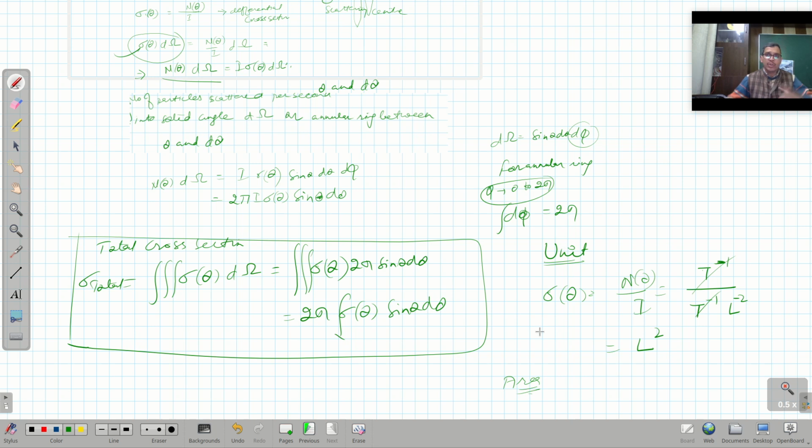When we talk about nuclear cross sections, in nuclear physics or Rutherford scattering, the nucleus is very small, and in that case we use the unit barn, and a barn is basically 10 raised to minus 28 meters square. That's what we know, right?